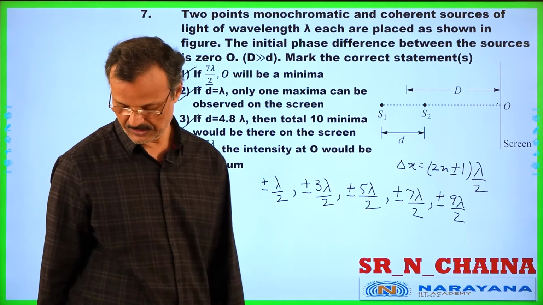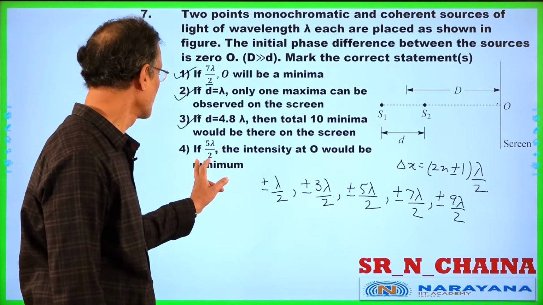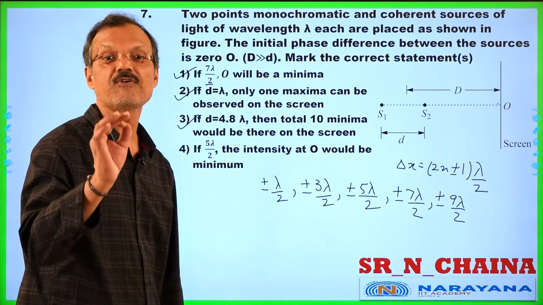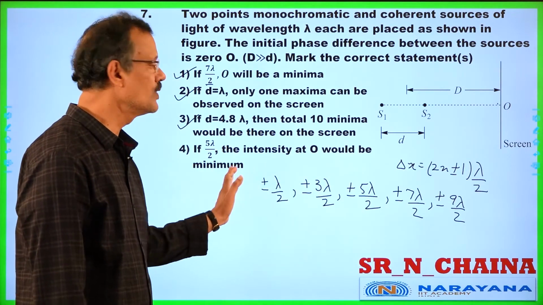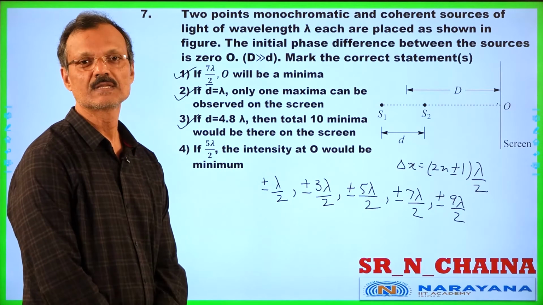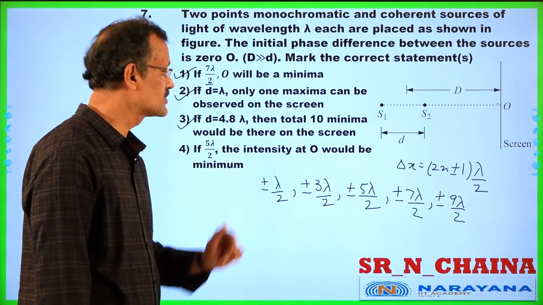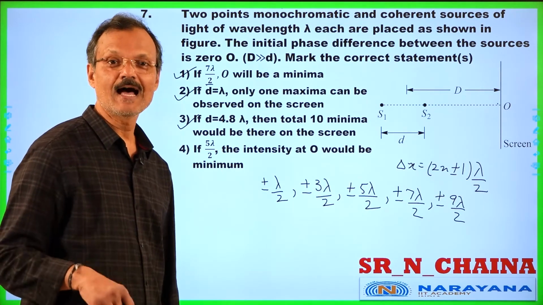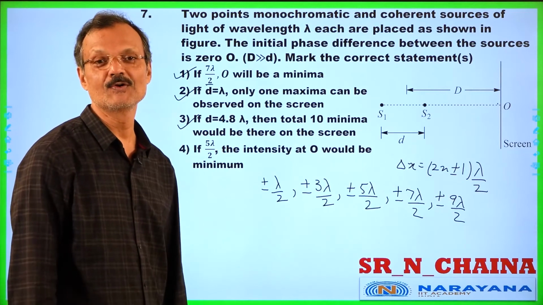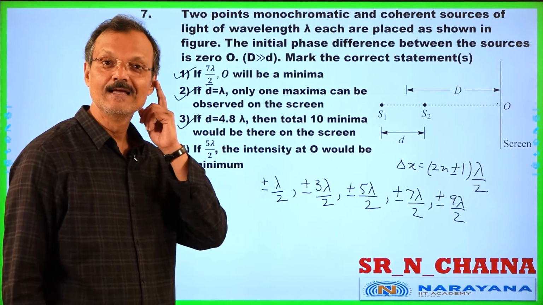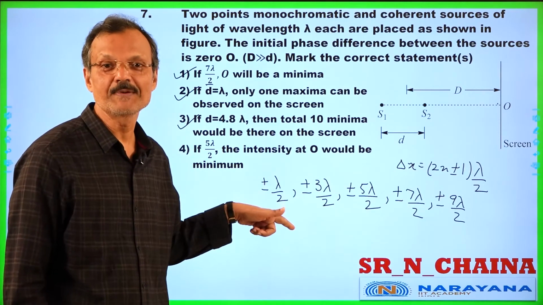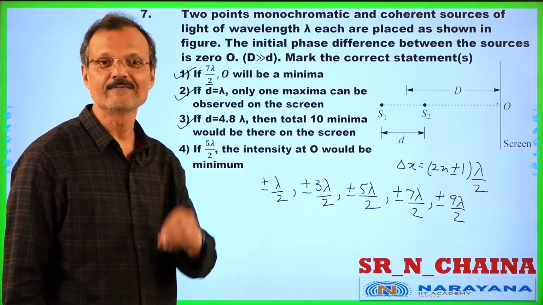Fourth one, are you capable of seeing it now? Fourth one: if it is 5 lambda by 2, the intensity at O would be minimum. A better question would be, if it is 5 lambda by 2, how many minima are you going to get? If it is 5 lambda by 2, you will get 5.